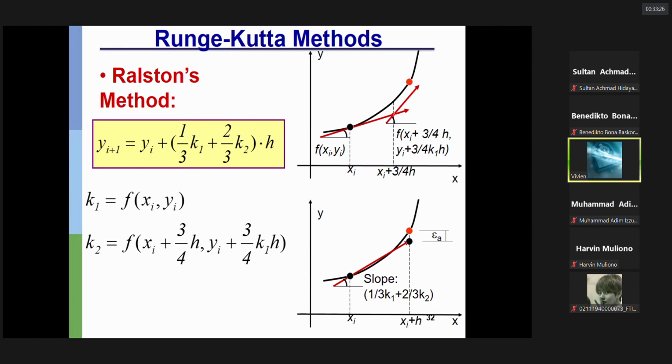At this point we insert into the equation so that we have the slope at this point. This is the k2 value, the slope at position 3/4. Once we have this slope, we can insert it in the equation to find the value at i plus 1, or at 0.5.